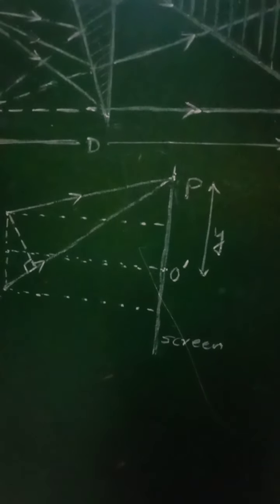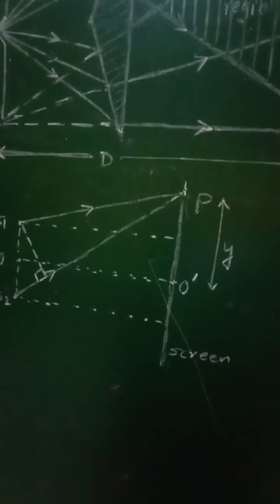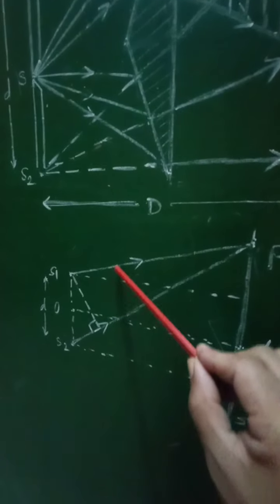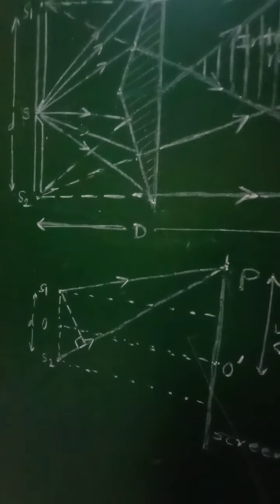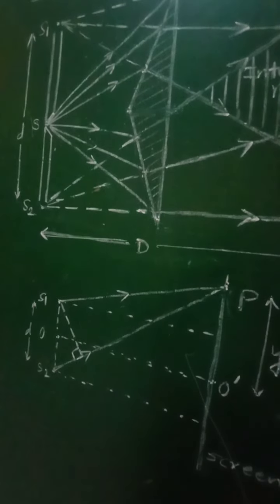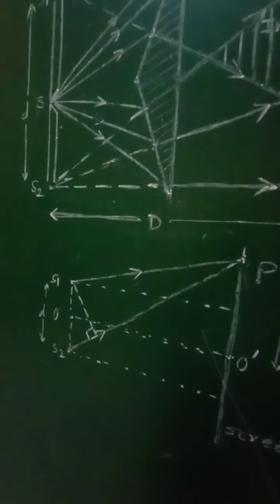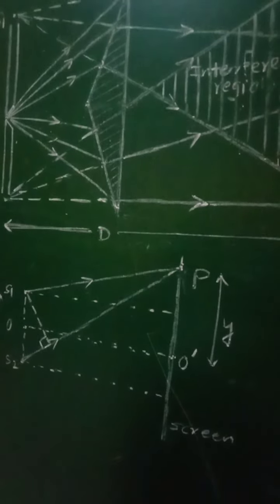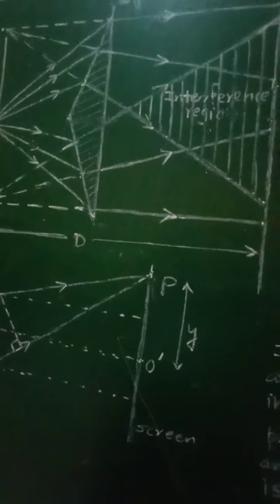Therefore, if a transparent plate of thickness T and refractive index n is introduced in front of the slit S1, that is, if a glass plate having its thickness equal to T and refractive index n is now introduced, then the optical path travelled by the wave along S1P is higher than that travelled by the wave along S1P in the absence of the plate by a factor n-1 into t.